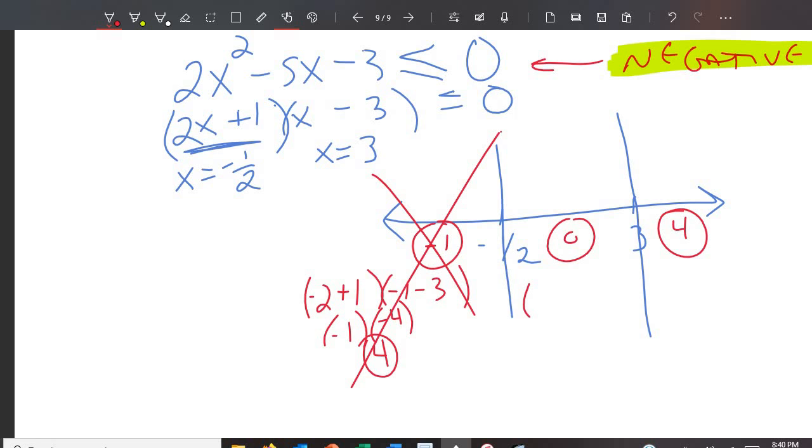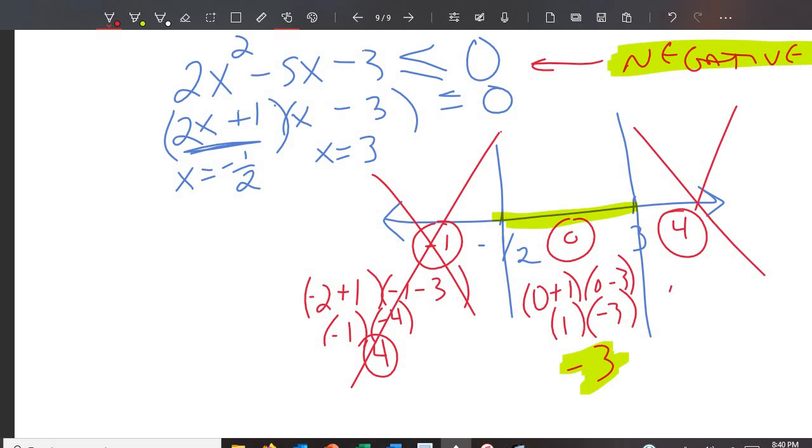If I put 0 in for x, I'm going to get 0 plus 1, 0 minus 3, 1 times negative 3 is negative 3. Well, that's what we're looking for, a negative number, so we're going to shade in between. I'm going to go ahead and tell you this much right now, this is not going to work, and you can verify that if you want to, but that's also not going to work.